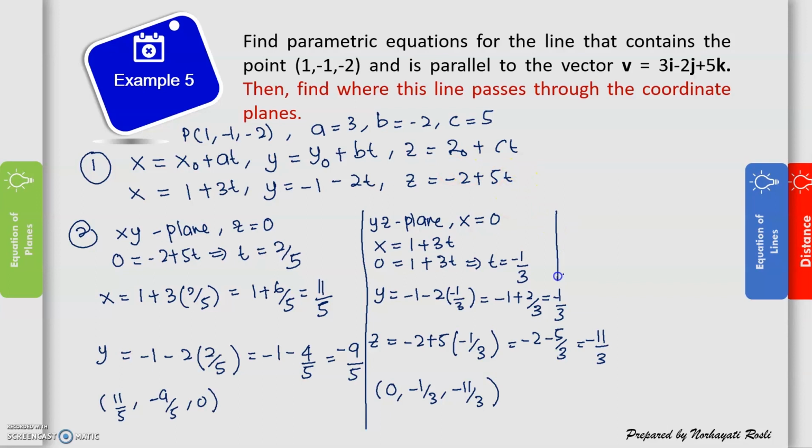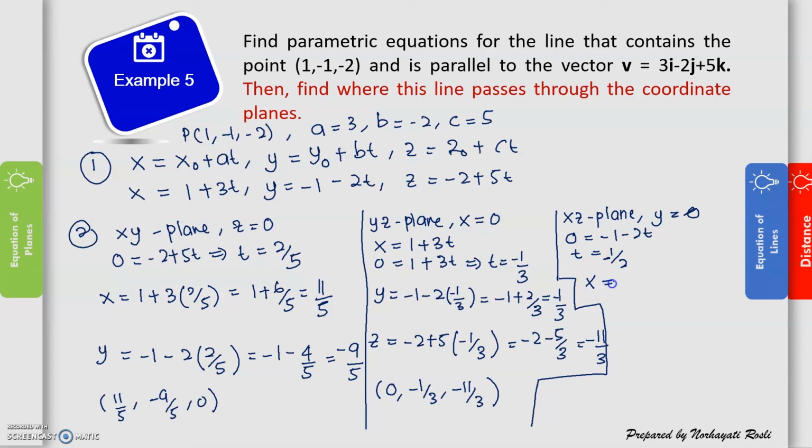And then for number 3, we have to check our last plane, the xz plane. For the xz plane, our y is equal to 0. When y equal to 0, we repeat the same thing. We substitute 0 in the y equation, so we have 0 equal to negative 1 minus 2t. When we solve this, t is equal to negative 1 over 2. Now we substitute this t in the other two equations.